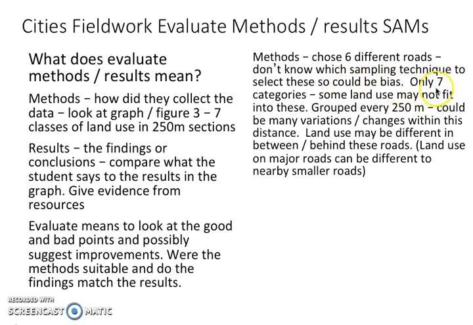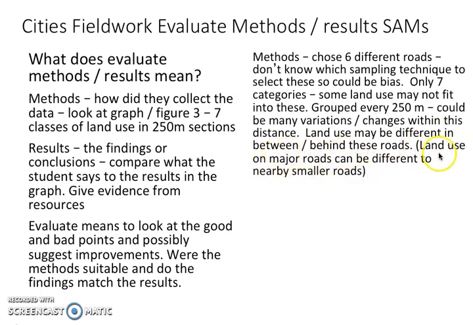Also, there were only 7 categories, and some land use might not fit into these. As the transects were grouped every 250 metres, there could be many variations within 250 metres. The first 150 metres could be one type of land use, and then the next 100 metres could be very varied. So we don't see that, because those distances are quite large.